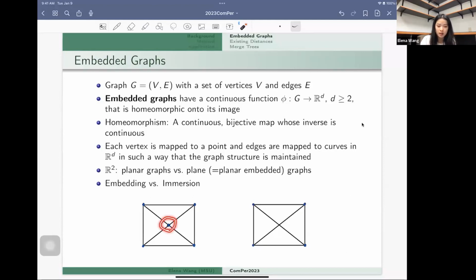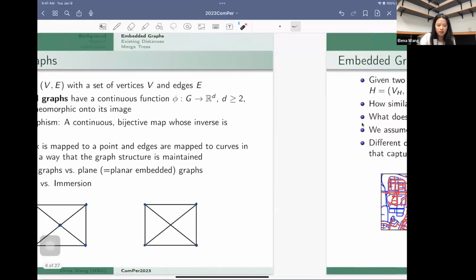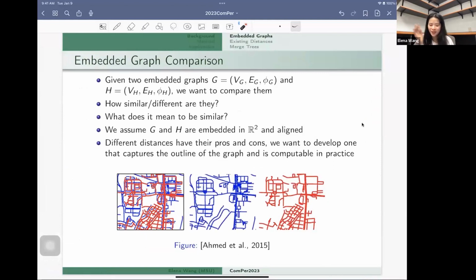So for example, here, there must be a vertex at the crossing of these two diagonals. In an immersion, we remove that requirement. It only needs to be locally homeomorphic, so this does not require a vertex.